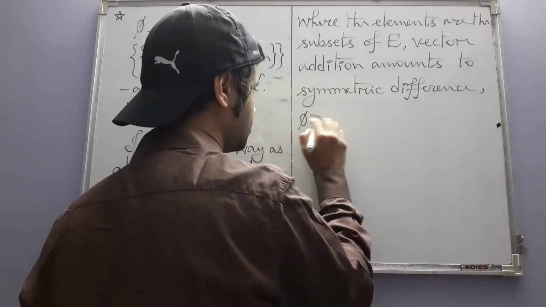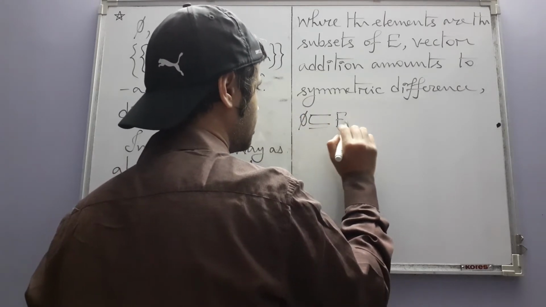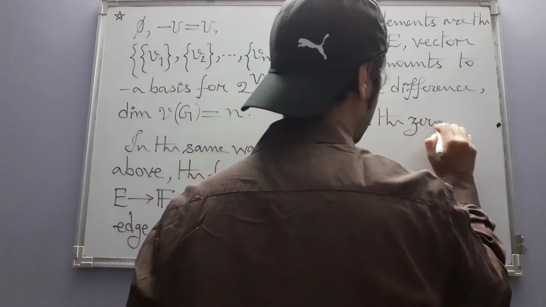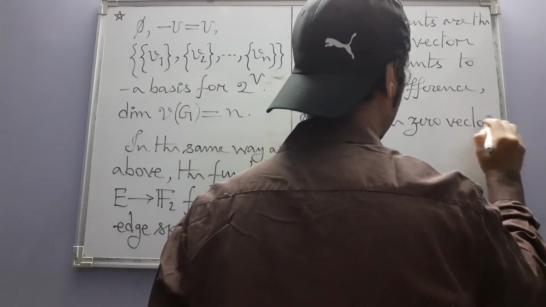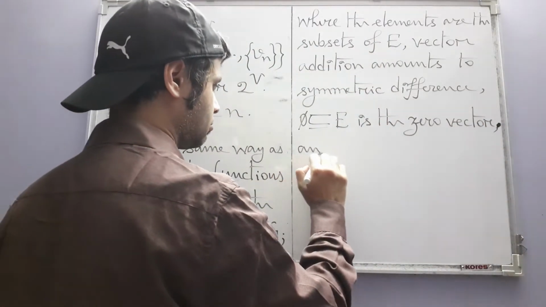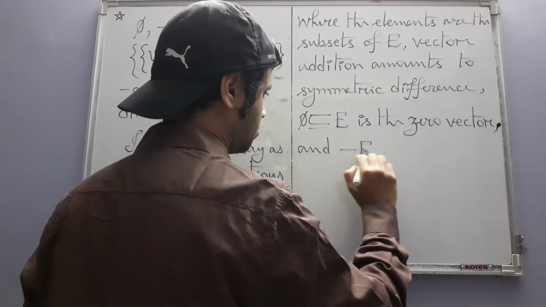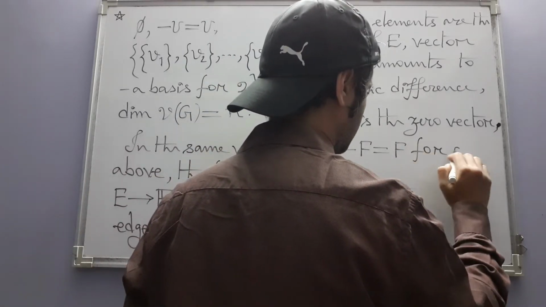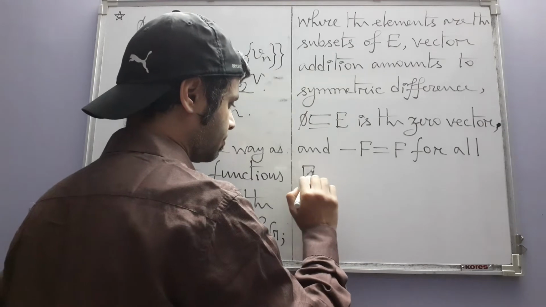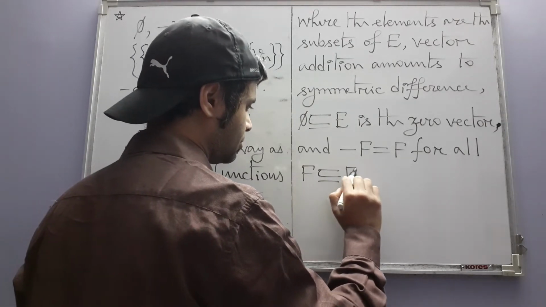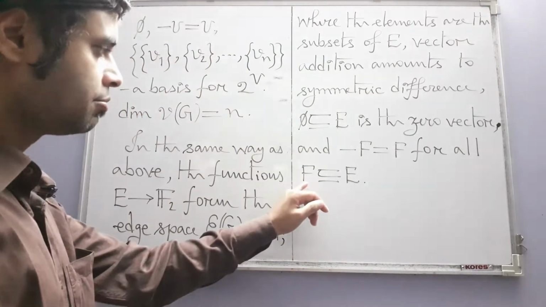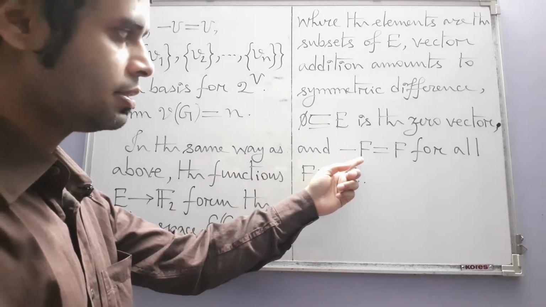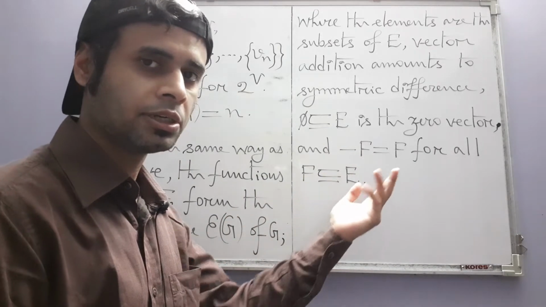The empty set considered as a subset of the H set is the zero vector, and minus f is the same as f for all subsets f of E. In other words, for all elements f in the power set of E, the negative of any such element or the additive inverse of any such element is the element itself.